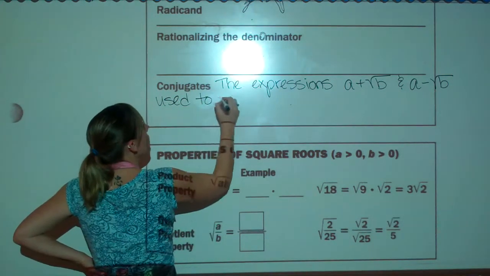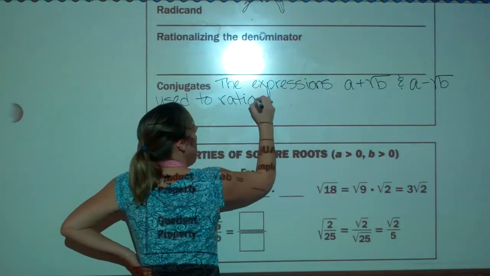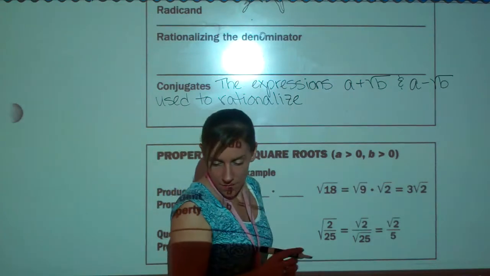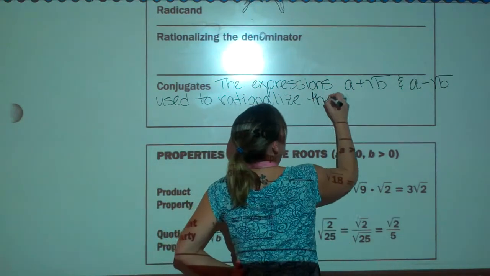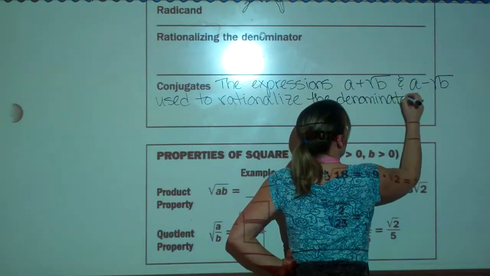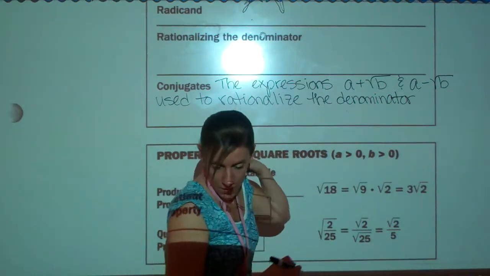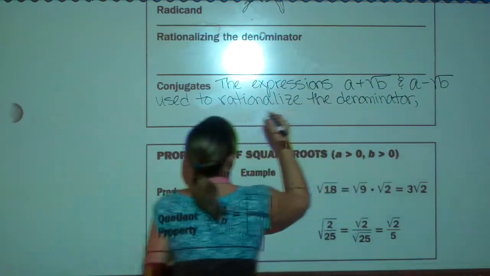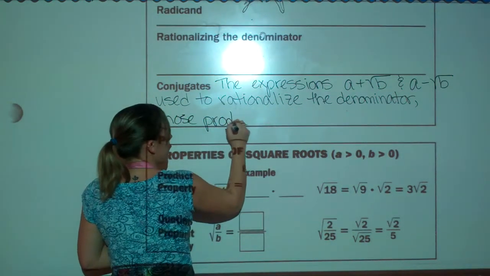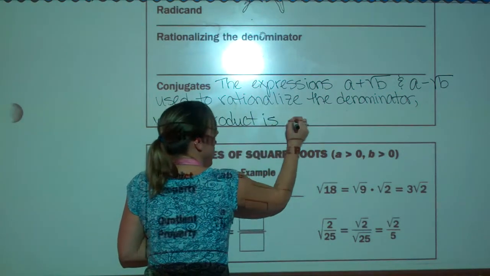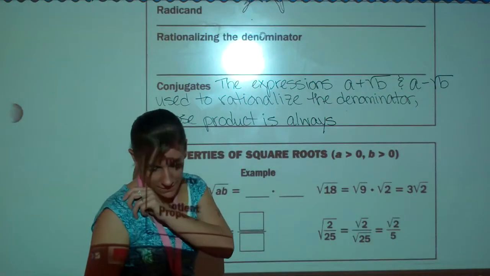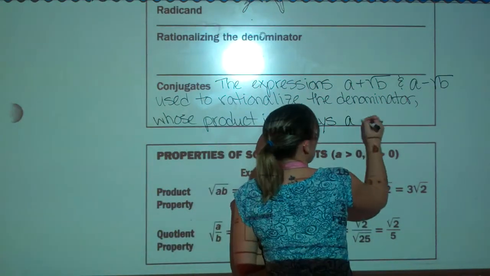Used to rationalize the denominator, whose product is always a rational number.